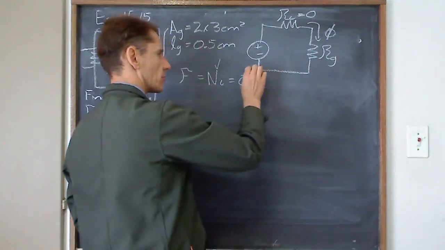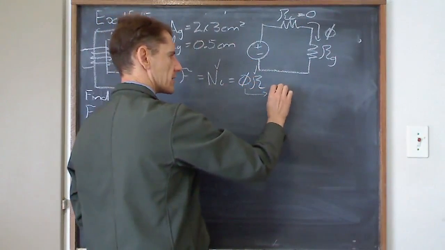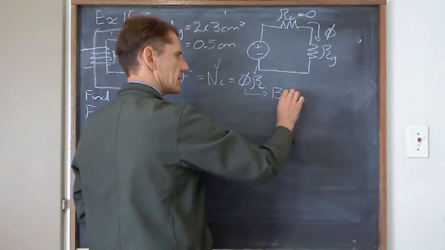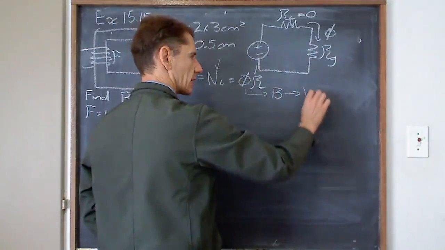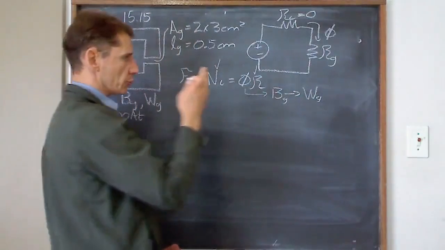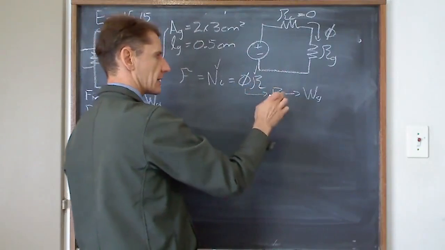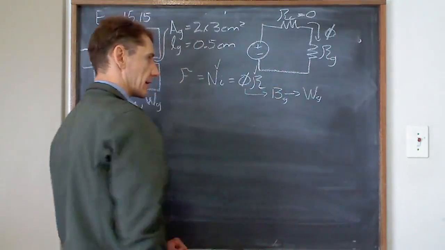So reluctance is not a problem. Then the flux will give us the flux density, and from the flux density we will get the energy stored in the gap. So that's our route that we need to follow. Get the reluctance, get the flux density, then we can get the energy.